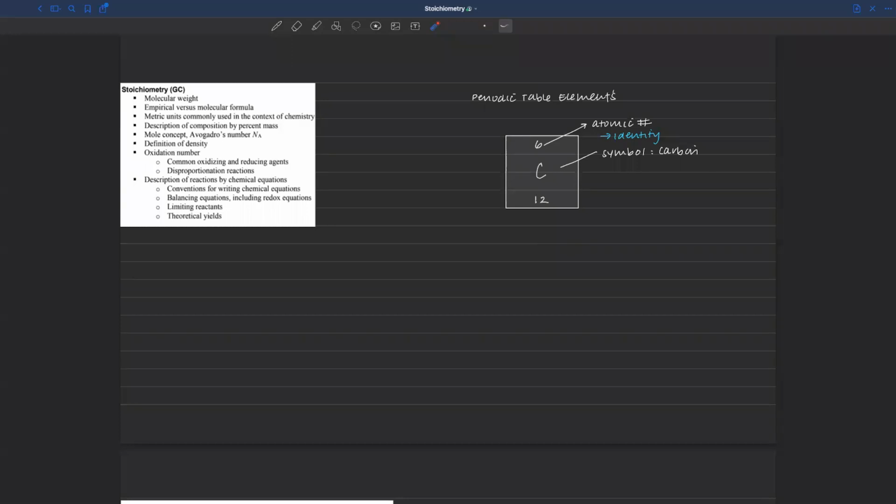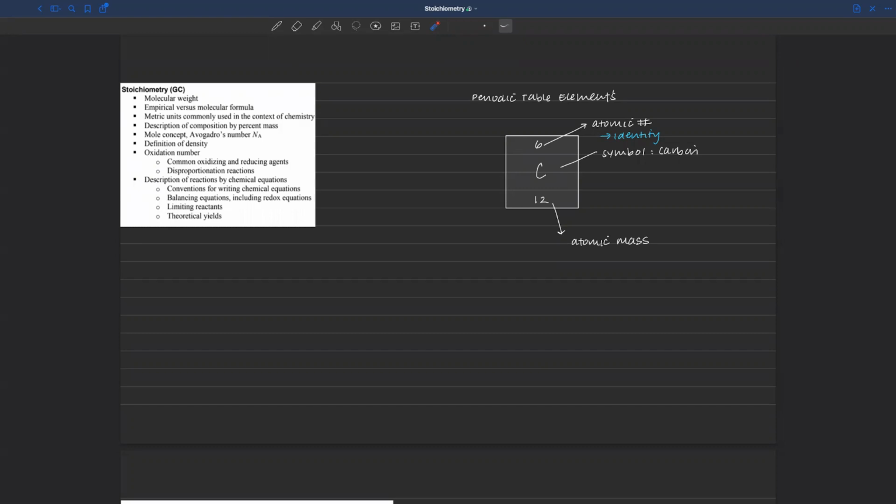Now, at the very bottom, we have our atomic mass. And our atomic mass isn't as serious as the atomic number in the sense that you wouldn't say something like the atomic mass is the identity of an element, not so much.